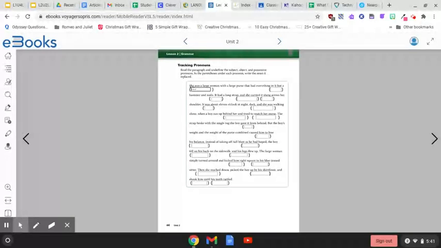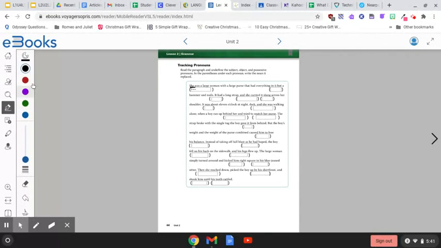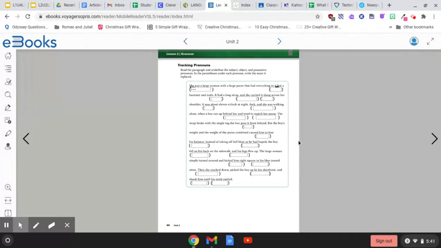The other underlined pronoun in this sentence is it. So I'm going to go ahead and underline it. And it refers to purse because the purse has everything in it.